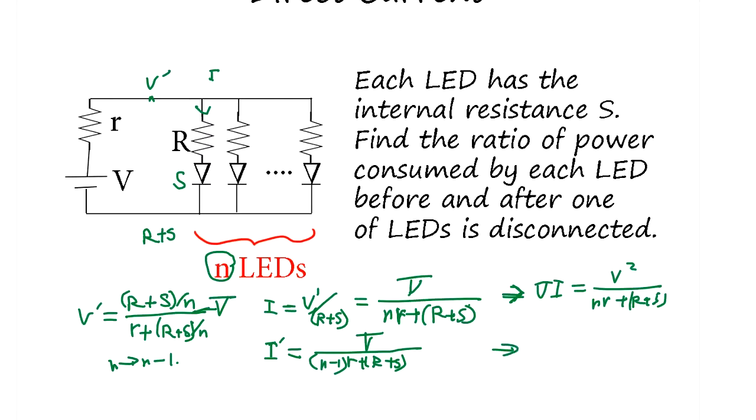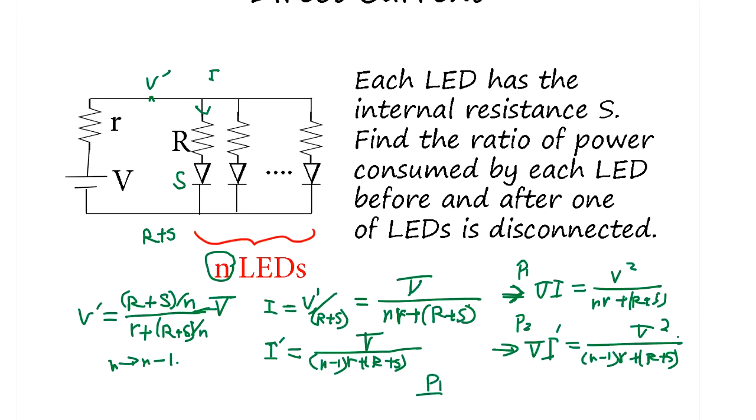So the power is V squared over N minus 1 R plus S. Okay, so if you take a ratio, this is P1 and P2, before and after.